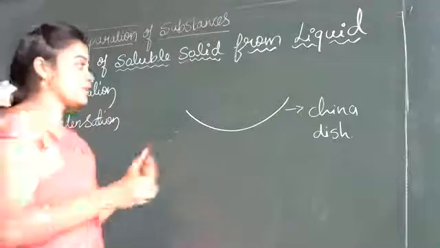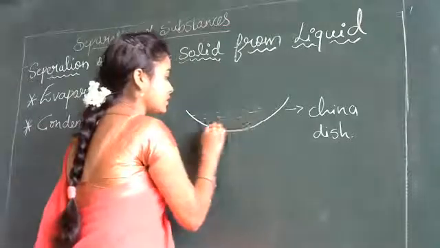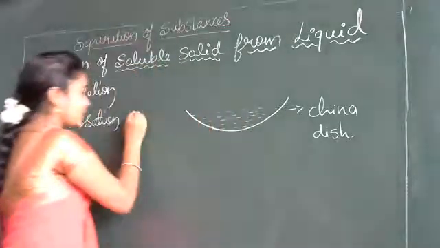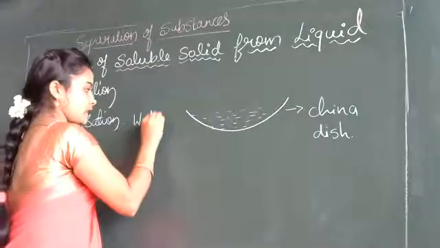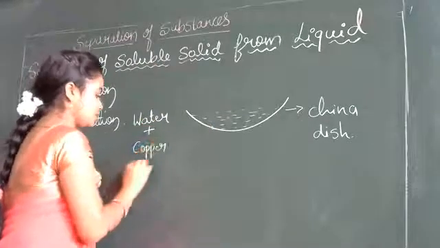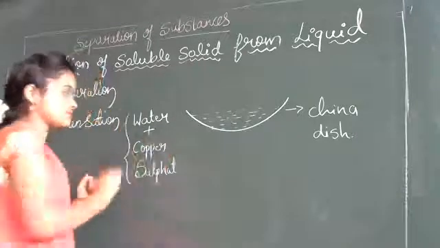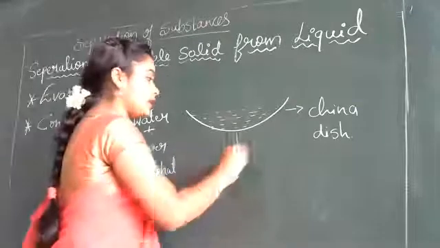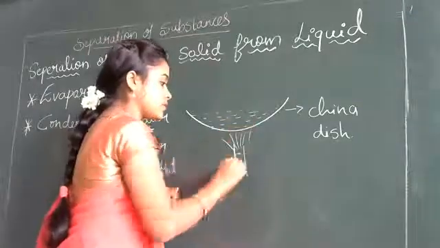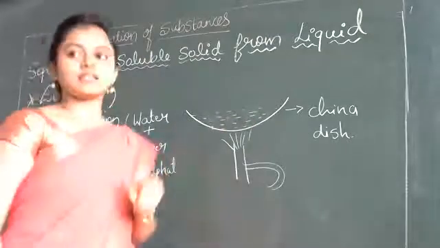So in that China dish, again I will take water plus copper sulfate solution. And now again I'll start boiling this solution. So what happens in this case now?